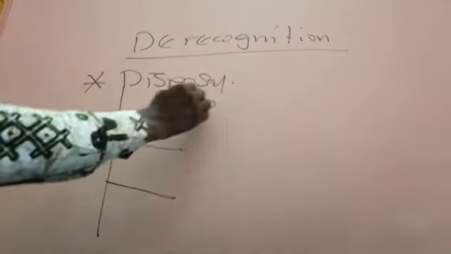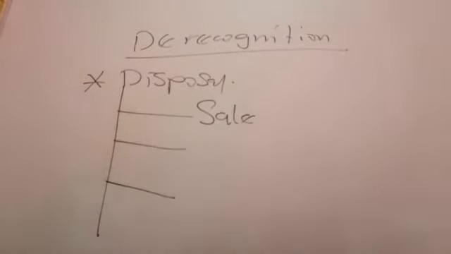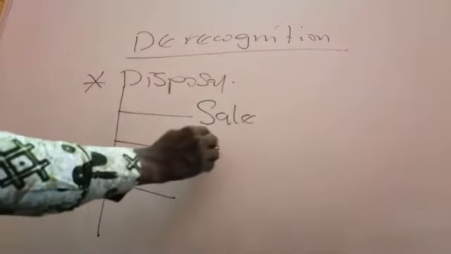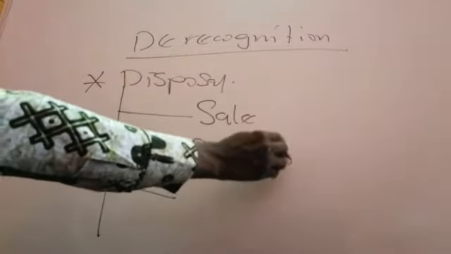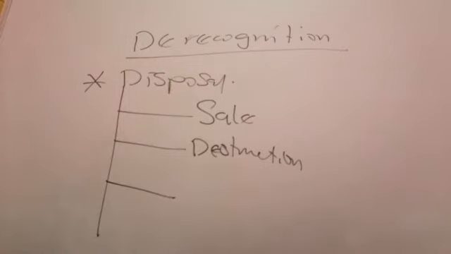The most proper form is the disposal, when you dispose of the assets. Now, there are so many ways of disposing assets. Let's see a few of them. Disposal by sale. Disposal by distraction.